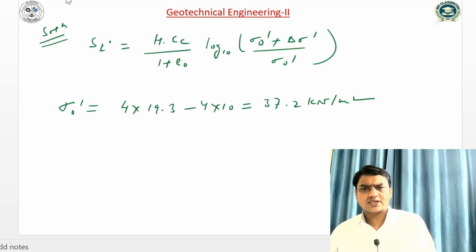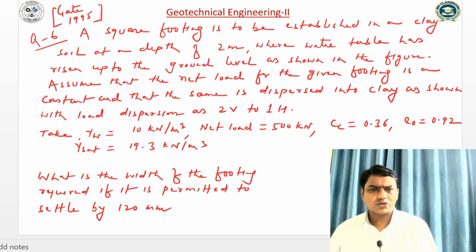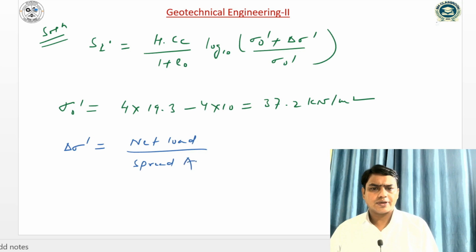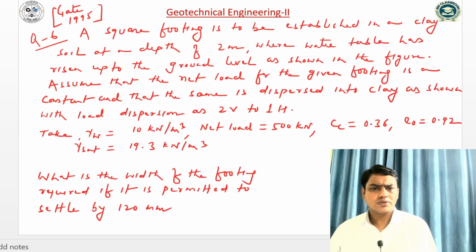So delta sigma dash can be computed as, because it is a case of square footing, delta sigma dash is equal to net load divided by spread area. So what is the net load? Total load is 500 kilonewton.